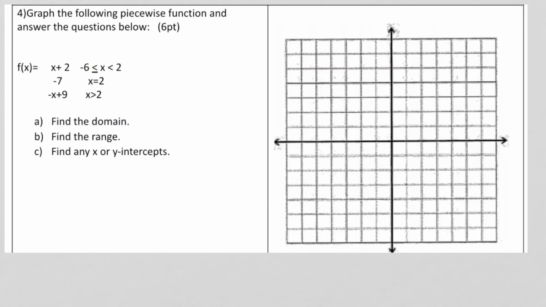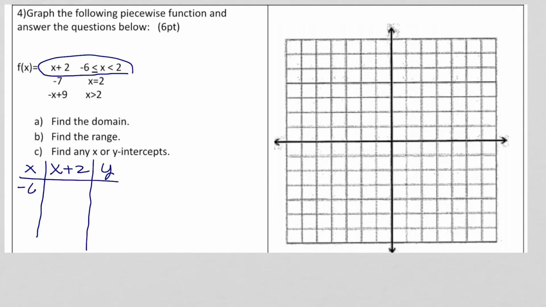All right, number 4. Here we're graphing a piecewise function and answering the questions below. When we did this as a class, we set up a table. The first one that we're going to graph, let's do this in blue, is x plus 2, and we're going from -6 to +2. I'm going to set up my chart, input x into x plus 2 and get my output for y.